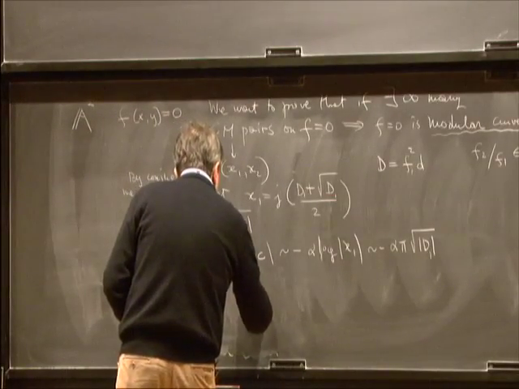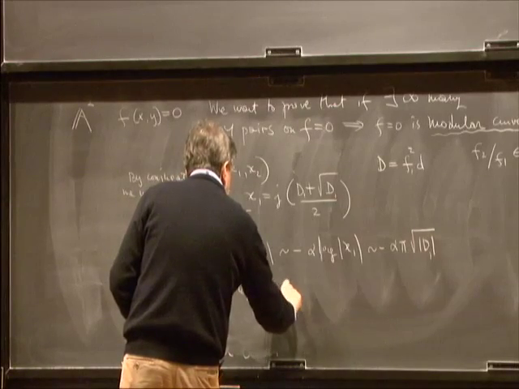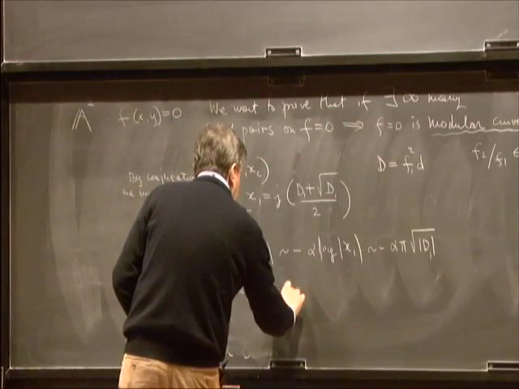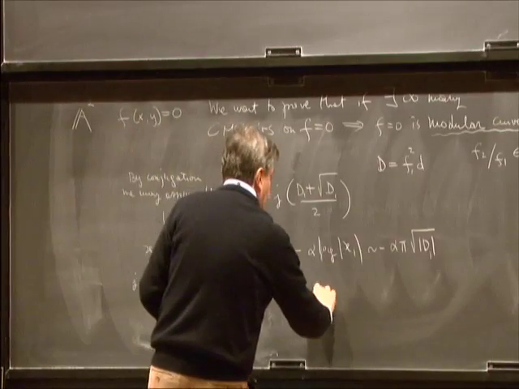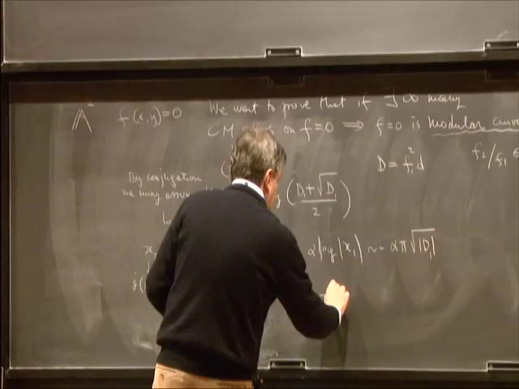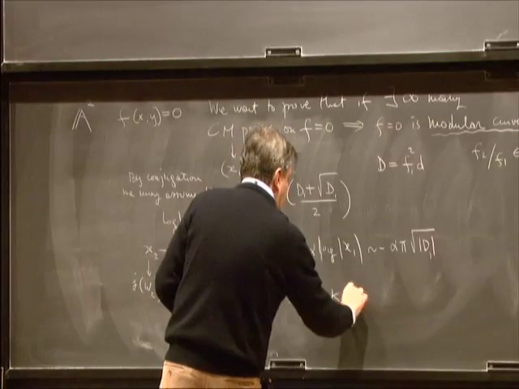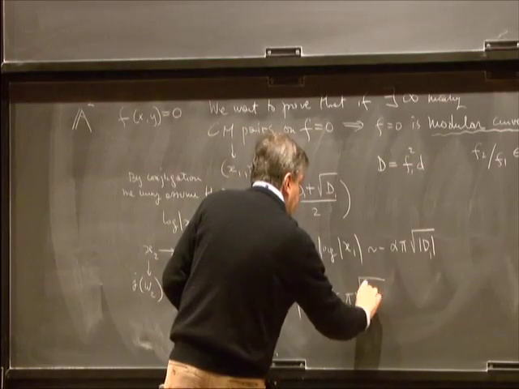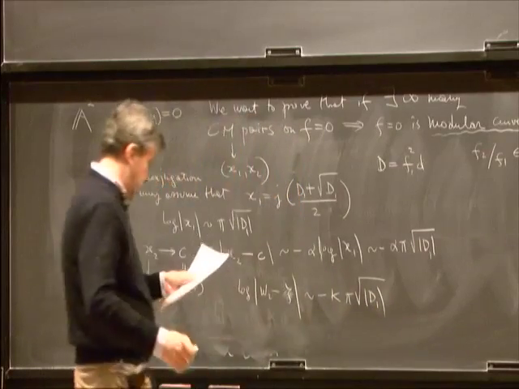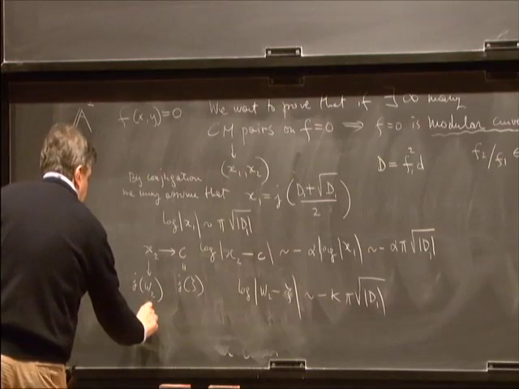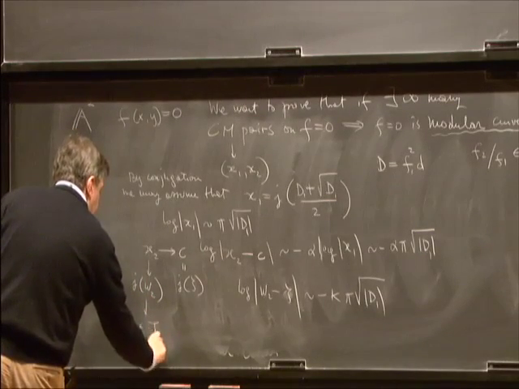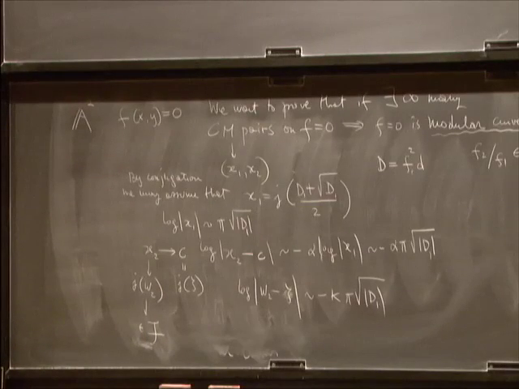So we may say that also the difference W2 minus zeta behaves in the same way. Here we have a new number which I call kappa. So it is very small. We may also assume that W2 belongs to the fundamental domain, because the function is invariant by this.